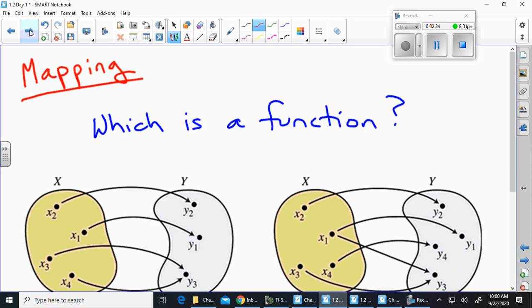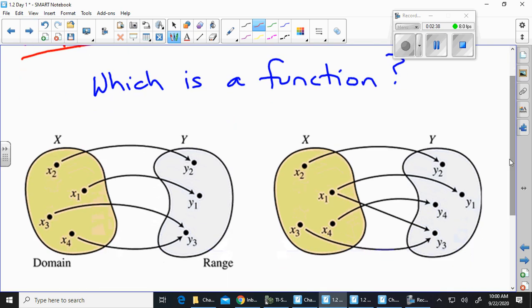Mapping, if I said which one of these is a function, hopefully if you look at that, this is yes, this is no. This is okay. This can't happen. You cannot have 2 x's going to the same y.